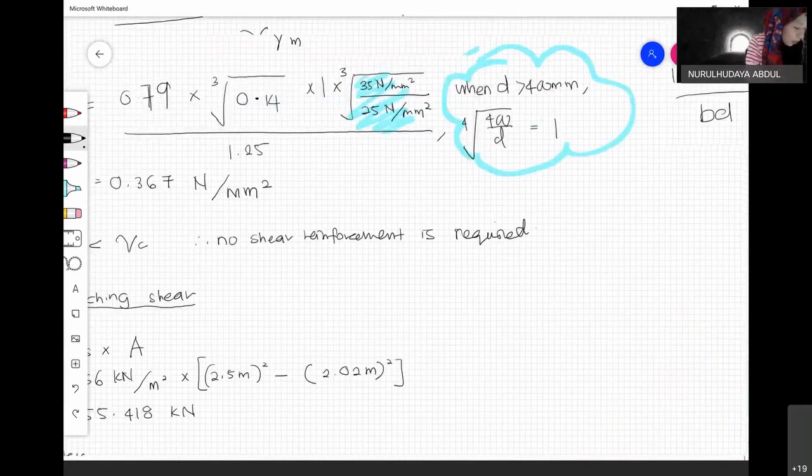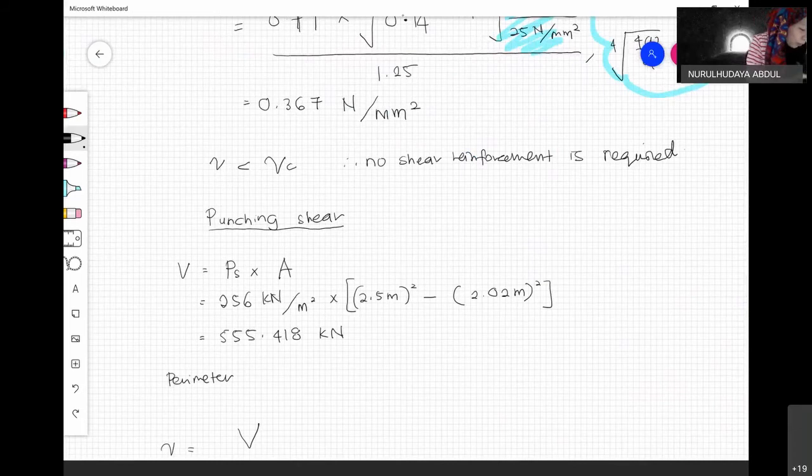So perimeter equal to 20, 20 darab dengan 4. Okay, tak payahlah tanya, senang sangat. Tertinggal. Okay, 80, 80 mm.